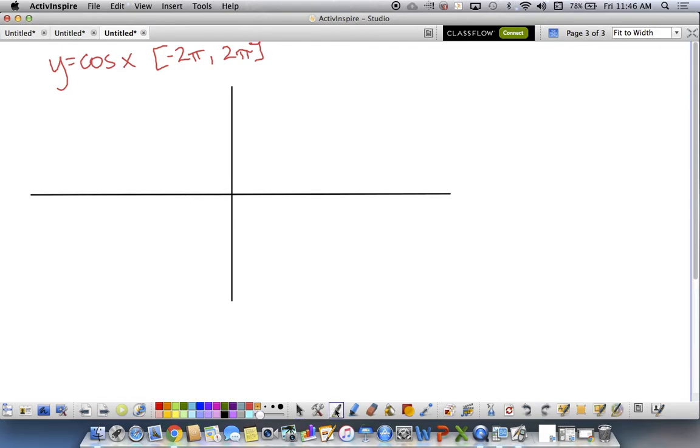Well, we're going to go back. I start at 0 and do my quarter periods. Pi over 2, pi, 3 pi over 2, and 2 pi. I'm going to go in negative. Negative pi over 2, negative pi, negative 3 pi over 2, and negative 2 pi.